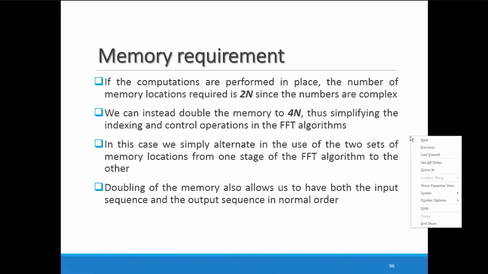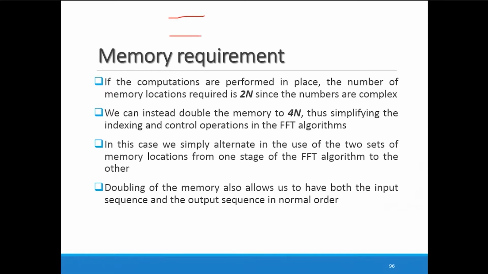let me draw this diagram again. I am just drawing it roughly, no need to copy it, just for your understanding. At the input I take small a and b as data points, and at the output we get capital A and capital B. To make the calculation in place, that is, to reduce the storage requirement, we replace the inputs with these outputs.